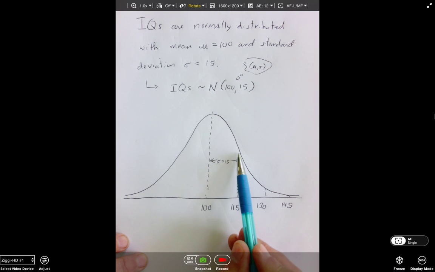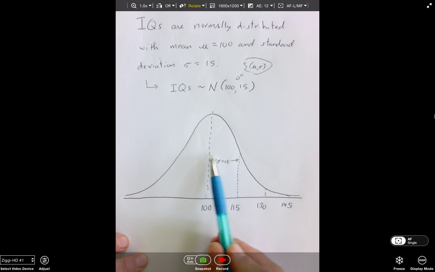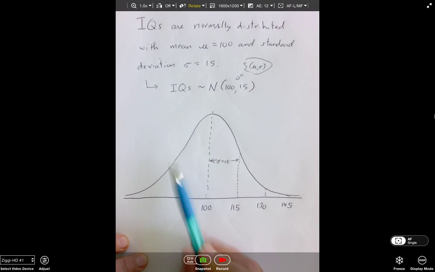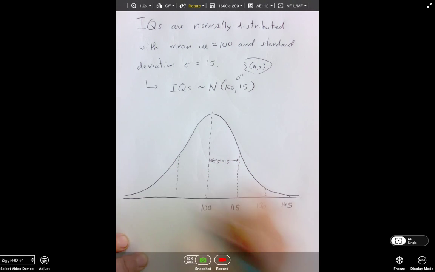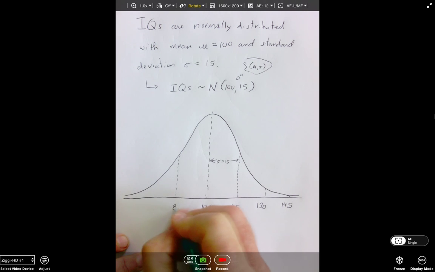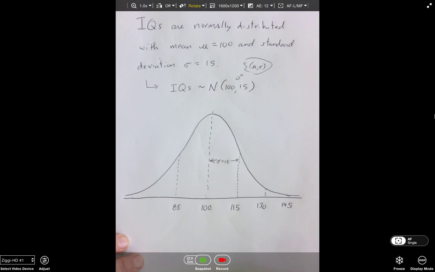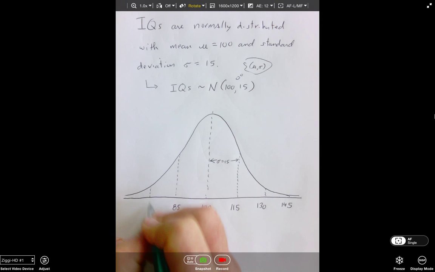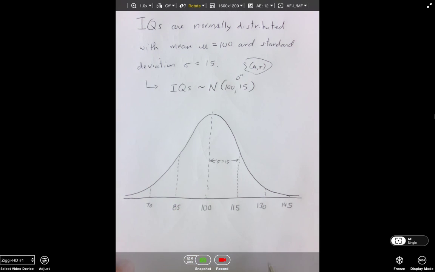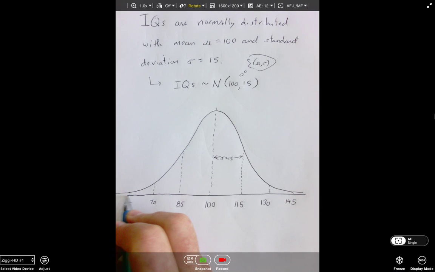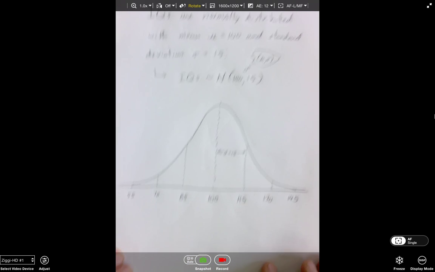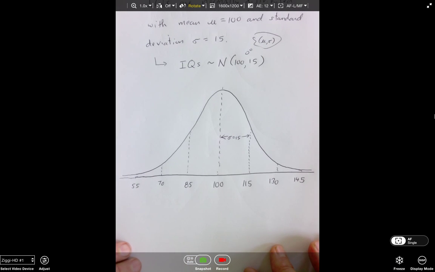Because of perfect symmetry, once I identify this, I can come straight across, drop down the line, and I know this has to be 1 standard deviation below the mean. Keep the same distance: 2 standard deviations below the mean, and 3 standard deviations below the mean. Again, I could go 4 below, 5 below, 6 below, 7 below, and so on, but I don't do that typically when drawing one of these models.